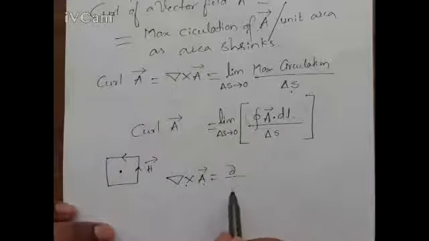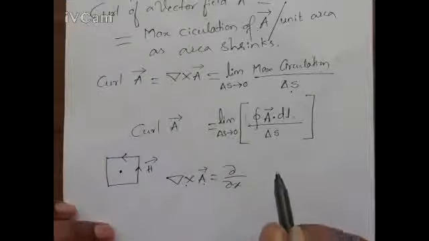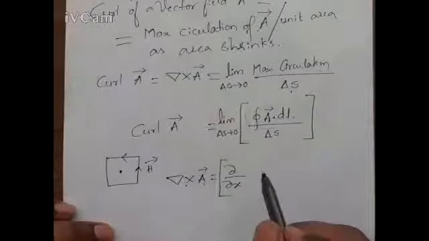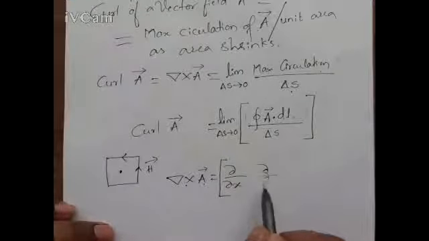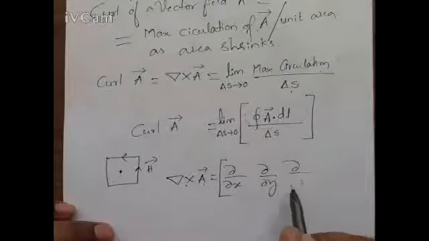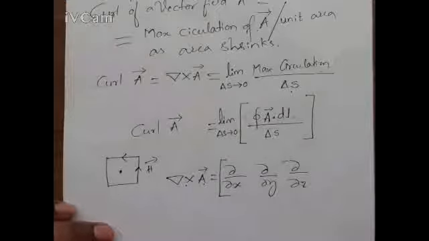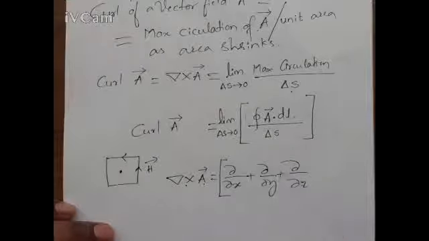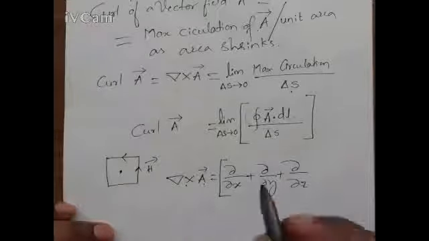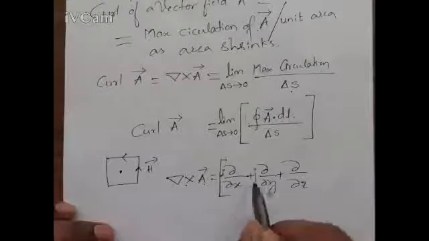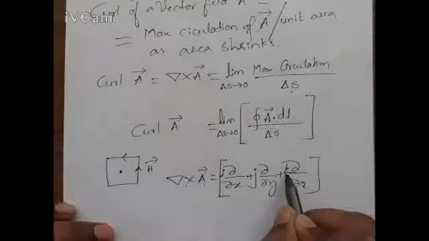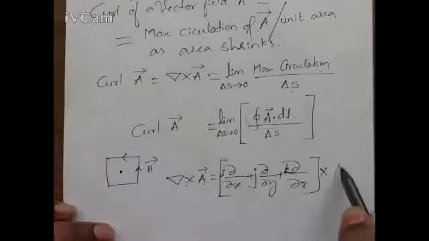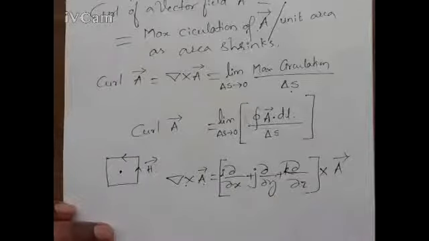Del is dou by dou x, and then we have dou by dou y, dou by dou z, with the plus sign over here, and with i, j, k as the unit vectors, multiplied by this vector A. That is a cross product.